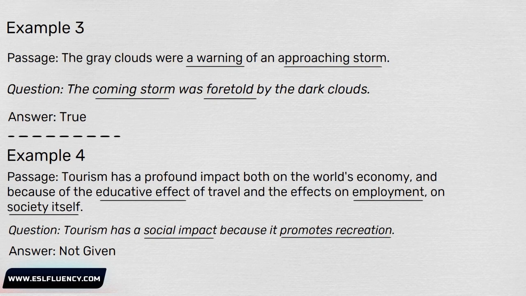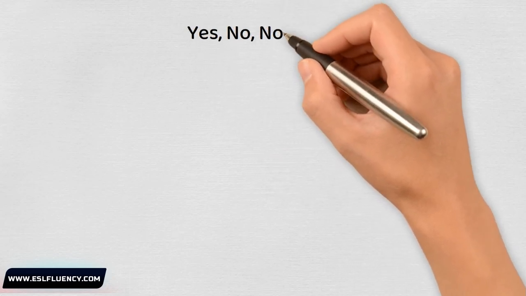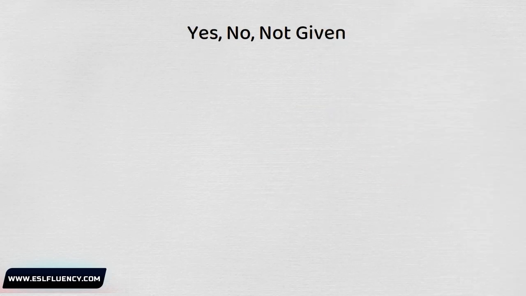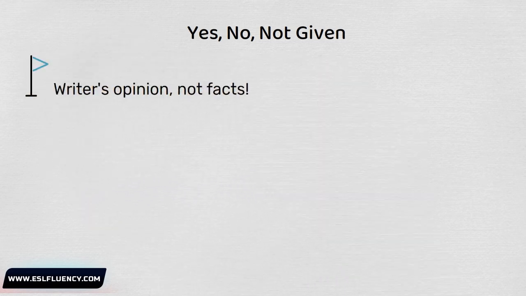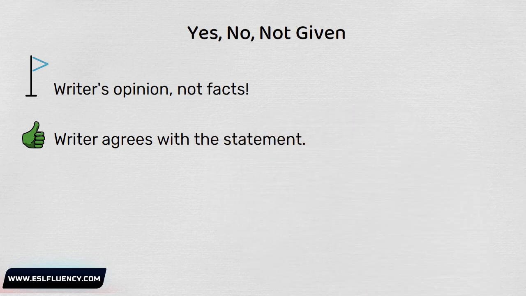Now that we are clear about the difference between true, false, and not given, it'll be easier to answer yes, no, and not given questions. These questions are not about facts. They're about the writer's opinion. If both the statement and the writer agree on something, the answer is yes.